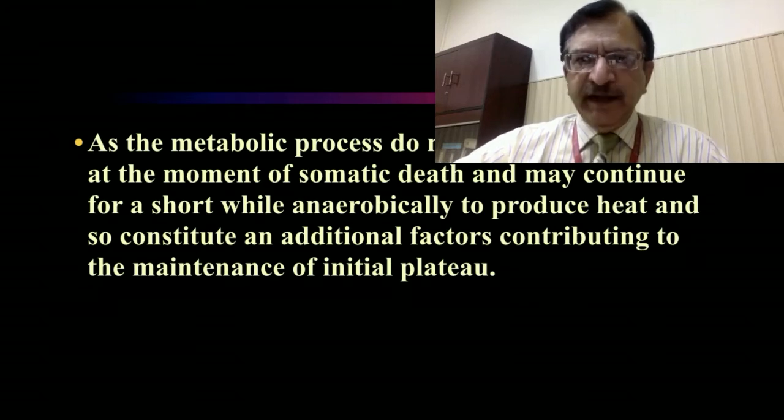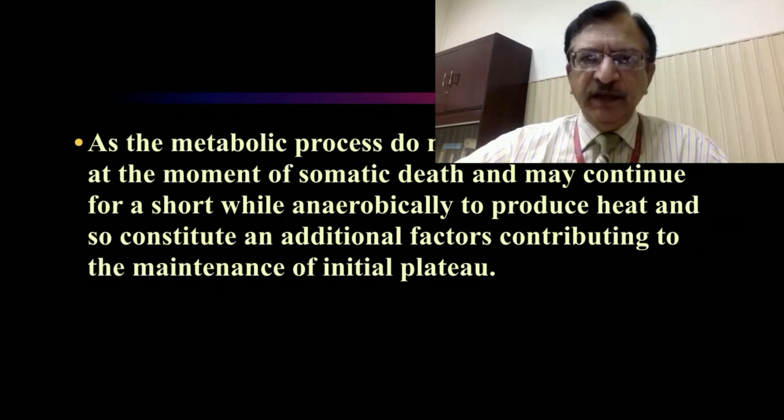So on the one hand, the outer layer, skin and subcutaneous tissue, has the insulating effect. And secondly, the anaerobic glycogenolysis, the anaerobic metabolism going on within the body, contributes heat. And that's how the body maintains heat for a certain period of time after death.